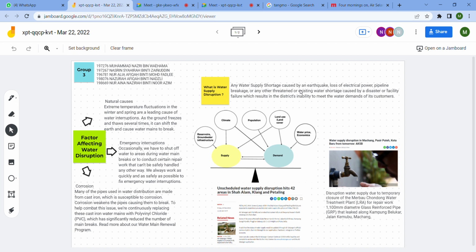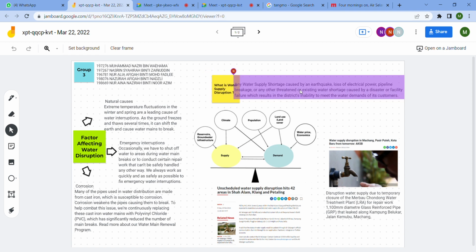Okay, then we go with the effects of this issue, which is water stealing. First, the effect will show in the overuse of water, which can lead to wasting a lot of water due to some people using it illegally.